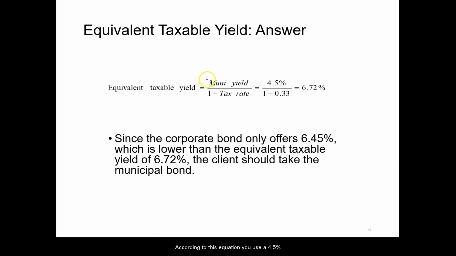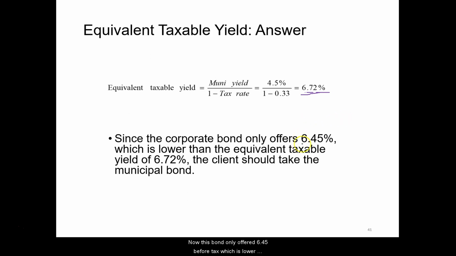According to this equation, you use the 4.5% muni yield divided by 1 minus t, and you get 6.72%. It means a corporate bond with the same risk should offer at least 6.72% before tax. Otherwise, after tax, it would not be as attractive as the muni bond.